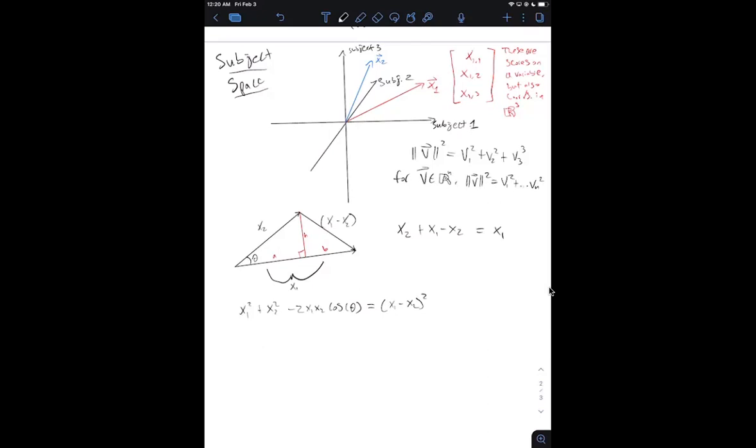And I need to make one final note, which is that in linear algebra, we can write this as what is known as a dot product. So a dot product of 2 vectors says multiply component-wise and sum.